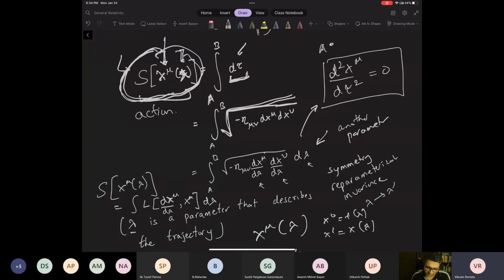And x mu are your variables, including your actual time coordinate and your space coordinates. All of these are now variables for your Lagrangian, so you have to find an equation of motion for each of them. We're going to work more with this action later, so don't worry about it if you haven't seen it yet.